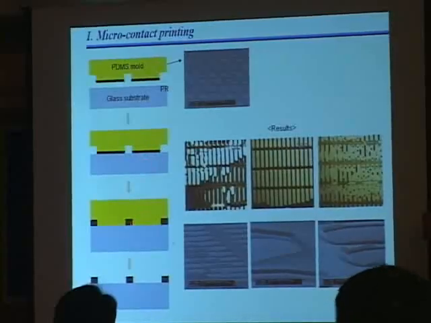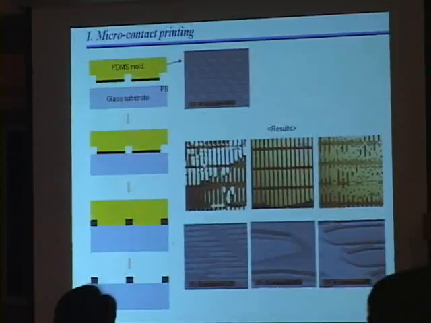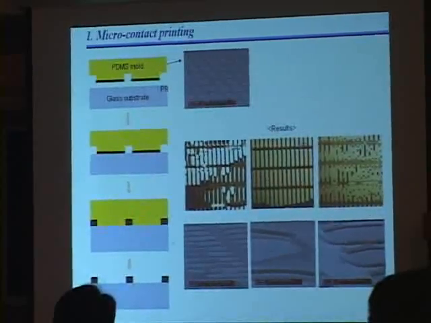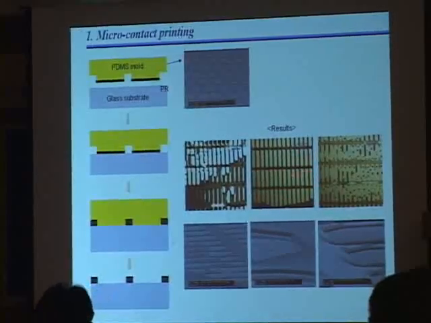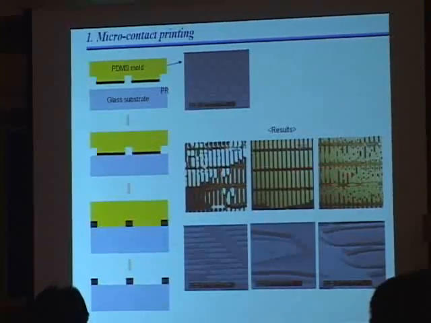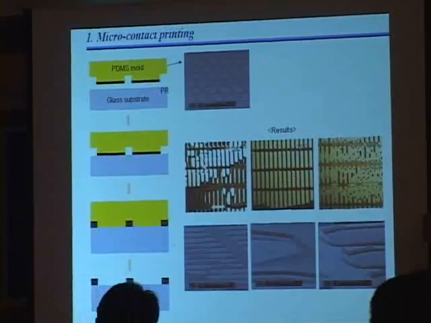Instead, it moved into the cavities of the mold, so exactly the opposite behavior was observed. Basically, we observed three kinds of phenomena here. Some regions were okay, but we found a mixed morphology of molding and degrading. So I think that microcontact printing is not suitable in this process.